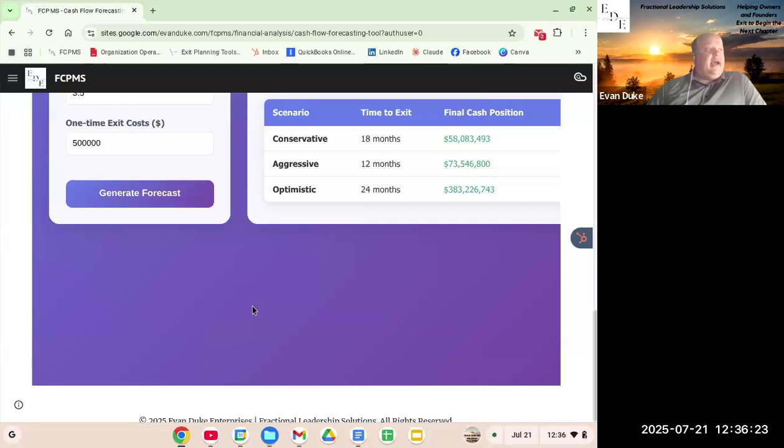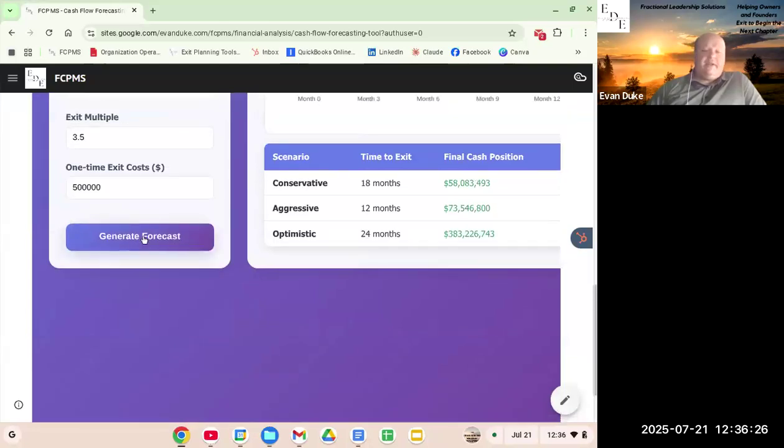And obviously, the forecast will be generated, but this is going to be a tool helpful for us not only in driving up value, but also, as we'll see later, in helping position us to pass stress tests, because after all, as we have learned over the last few years with the pandemic and the aftermath, black swan events can really put a great deal of stress on a business.